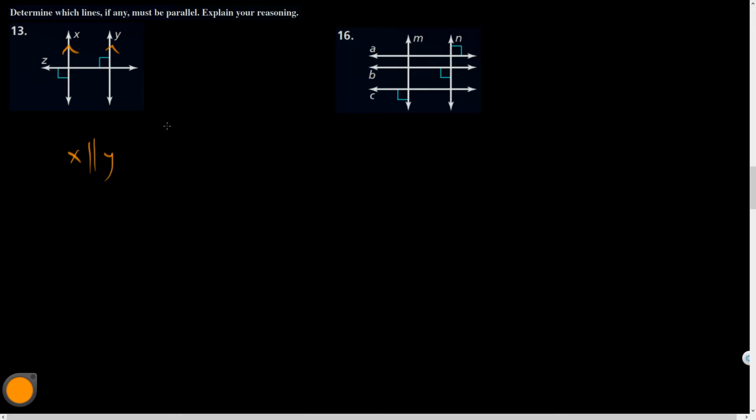But the idea is this: two lines perpendicular to the same line will be parallel to each other. Yeah, I don't remember the name of that, but I'll write it out. Two lines perpendicular to the same line will be parallel to each other.